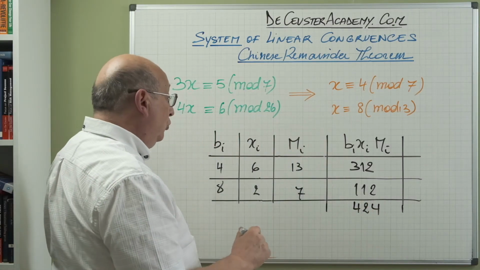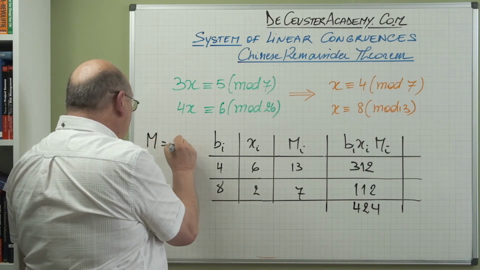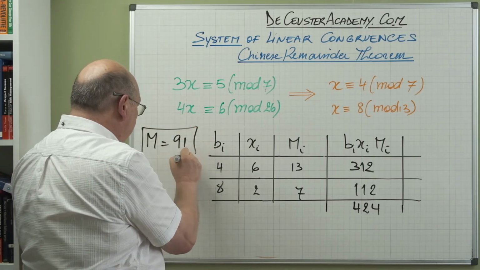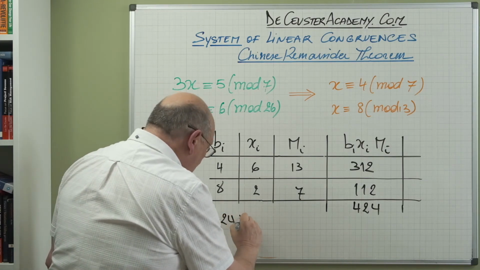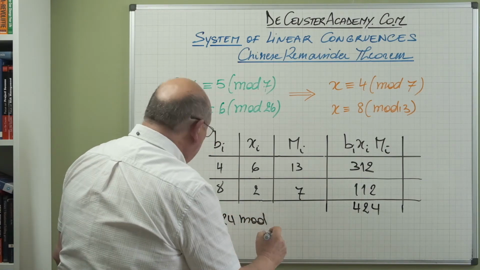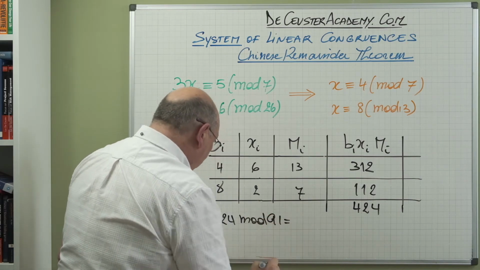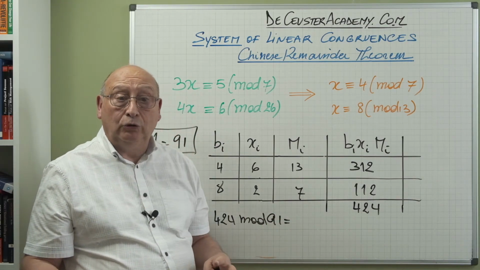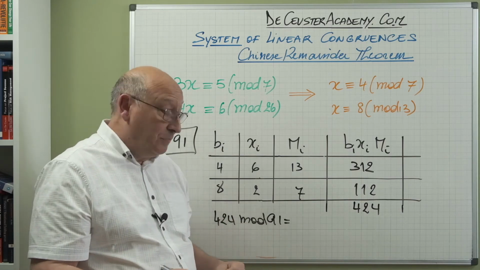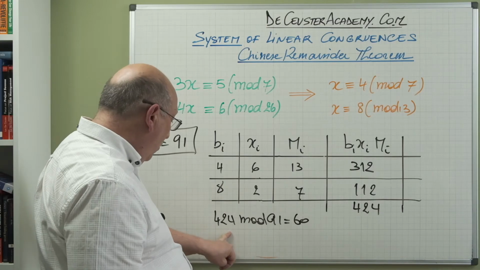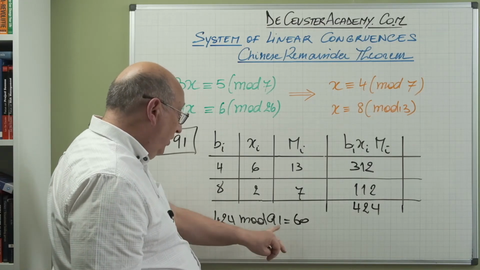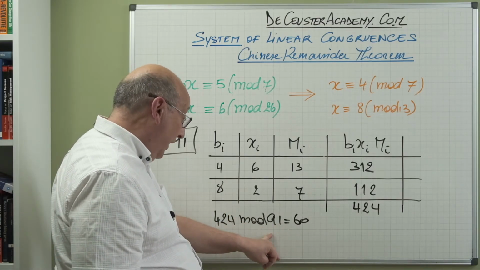Now this is a solution modulus m, and m is 91. So we have 424 modulus 91, which is equal to 60. We can say that 424 has a remainder of 60 modulus 91.